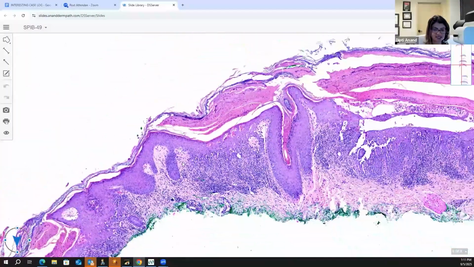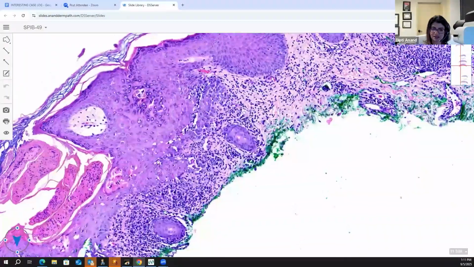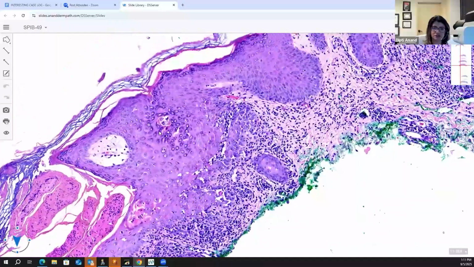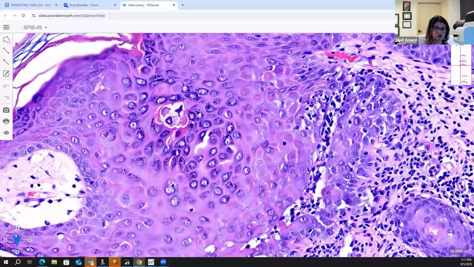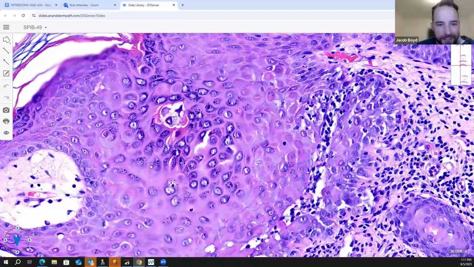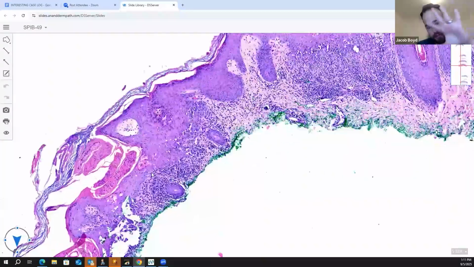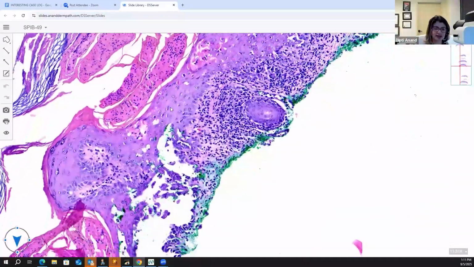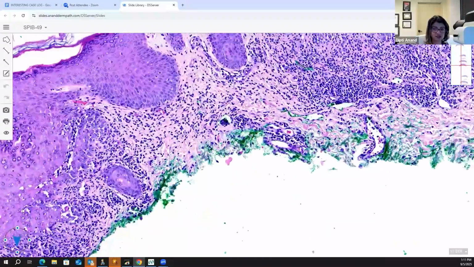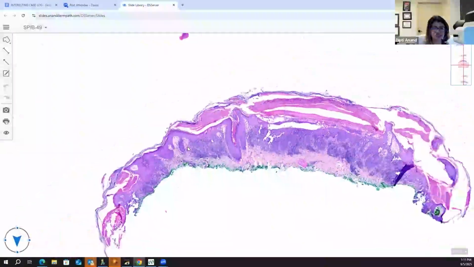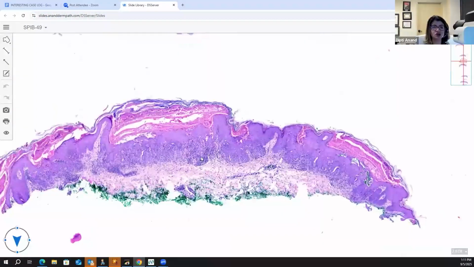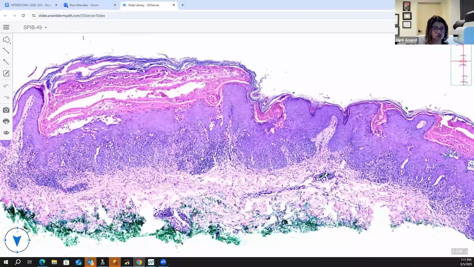So this is Darier's disease. I'm trying to see where I can. Yeah, you see here? See the corps ronds here? Yeah, your eyes sort of get distracted, but that is okay. So that's why I said that this is a challenging entity. But now you see why it is not what you said.